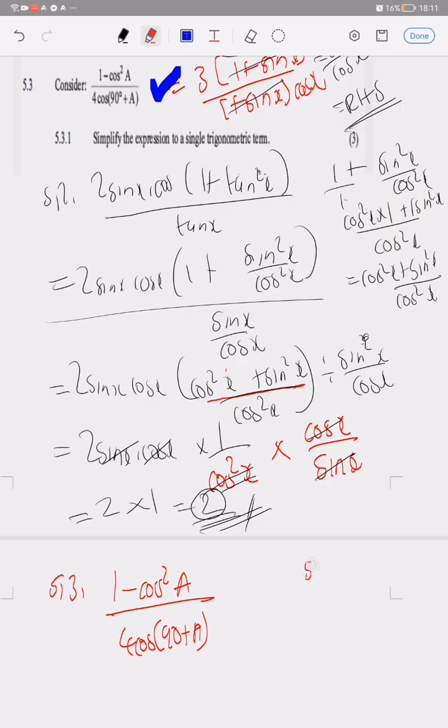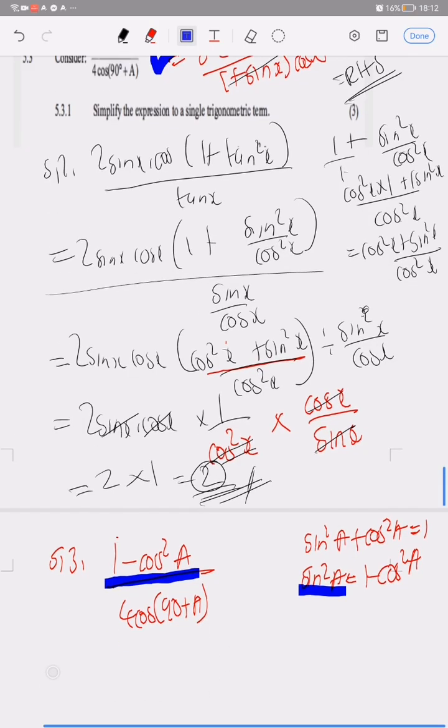Sine squared a plus cos squared a is 1. Therefore, I make sine squared a the subject. Sine squared a is 1 minus cos squared a. So where there is this, I'll substitute with this, right?